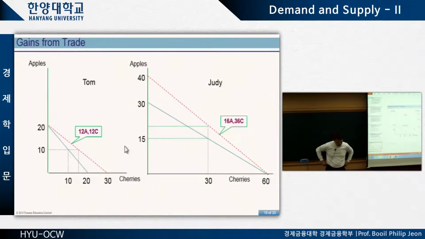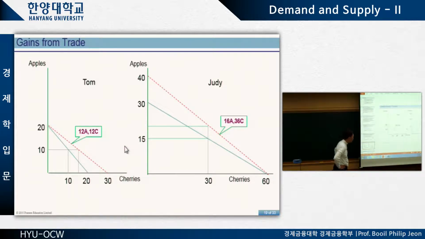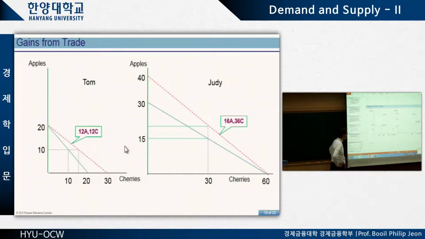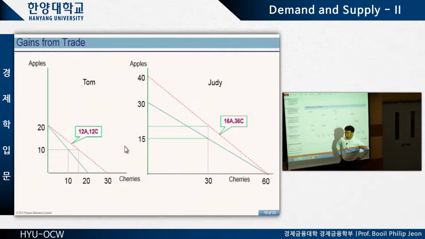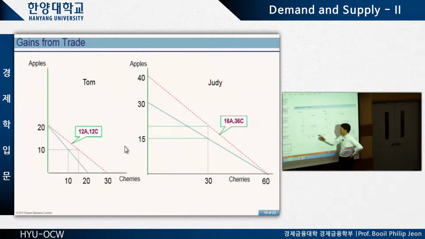And I was trying to explain one thing here. The question was, okay, now we understand as a result of specialization and trade, Tom's PPF rotates out this way, and Judy's PPF rotates out this way.